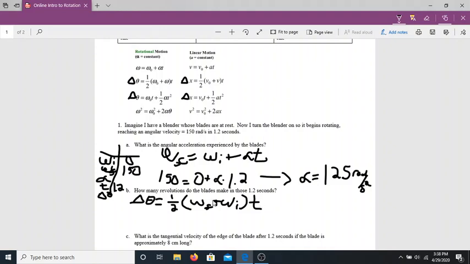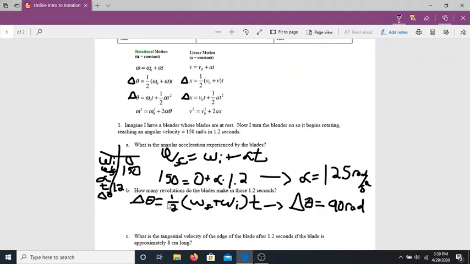I know the final velocity is 150, the starting velocity is 0, and the time is 1.2 seconds. Multiply that by 1/2 and you'll get delta theta, the amount of radians, and it's going to be radians, not degrees, because the velocity is in radians per second. It is going to be 90 radians. So in total, it turns 90 radians.